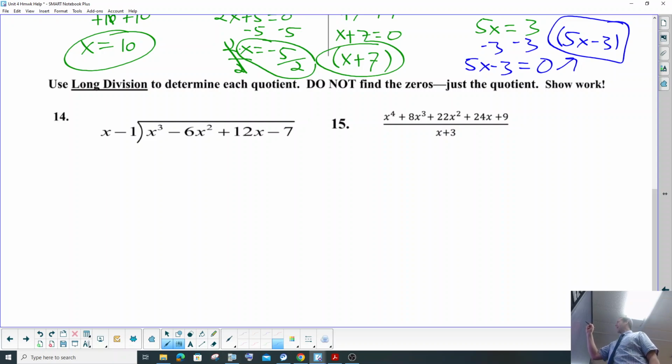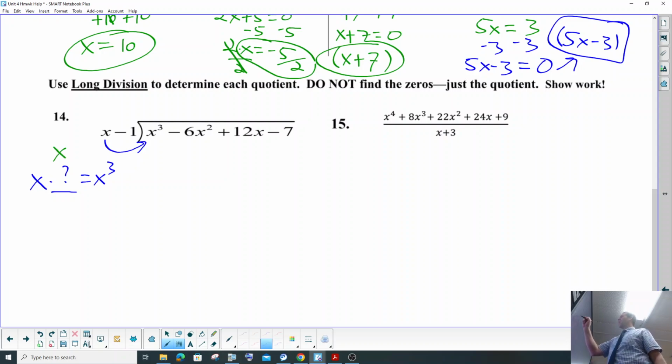So how does x become an x cubed? X times something is x cubed, right? Let's see, x times x is x squared. What about x times x squared? That'd be x cubed. Yeah, that's it.